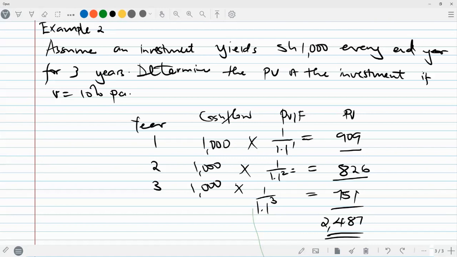Excuse me, sir. If they're investing every year, shouldn't year 1 have no investment interest? No, you do not invest. What's happening is the investment is giving back money. Every year, this investment is giving you as the investor 1,000, so 1,000 is like the interest you're earning.